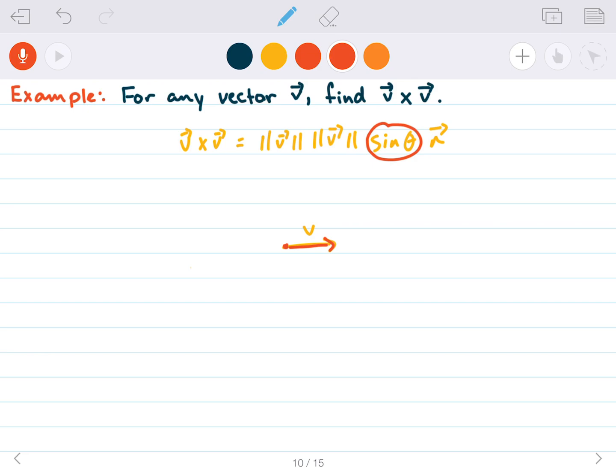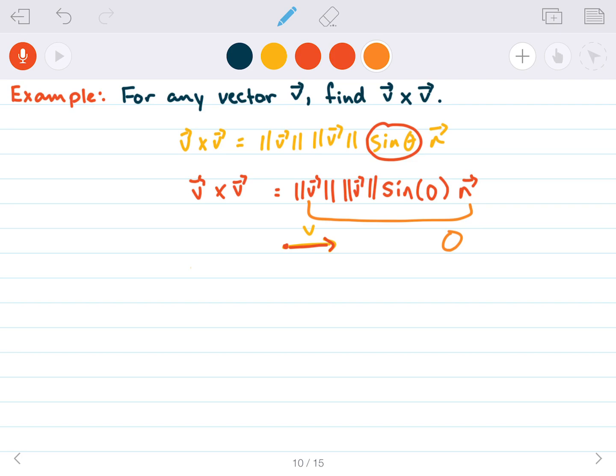It's in the same direction. And so the angle between a vector and itself is going to be 0, right? So sine of theta becomes sine of 0. And then we have, of course, everything else that carries down. Now the sine of 0 is 0, so this whole thing goes to 0.